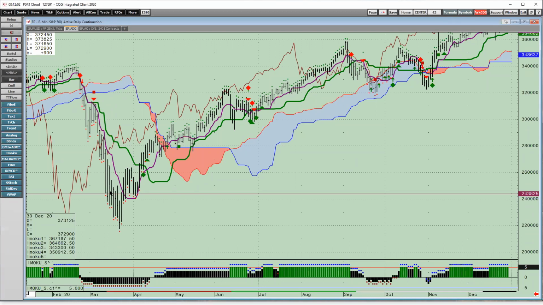Now conversely, in early March, when we broke through to the downside of the cloud, over to the left, yes. So right there, when we broke through the cloud and then we came back to the midpoint on the 9, right there where that red pyramid is, what is that?